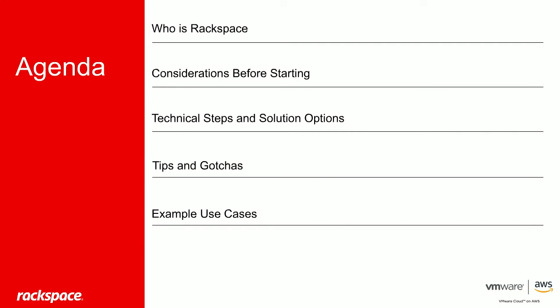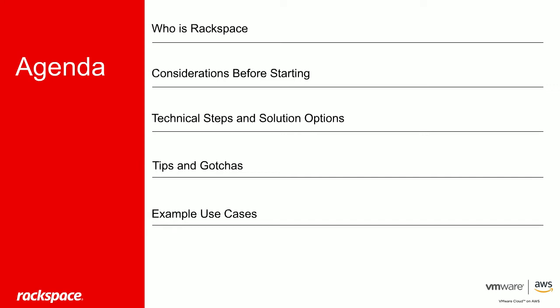So let's just get started. And just to give you an idea of today's proceedings, Athar will start by giving you a brief overview of Rackspace and their own expertise. Following from that, we'll go into some of the technical considerations that you should be thinking about before starting any VMware Cloud on AWS deployments.